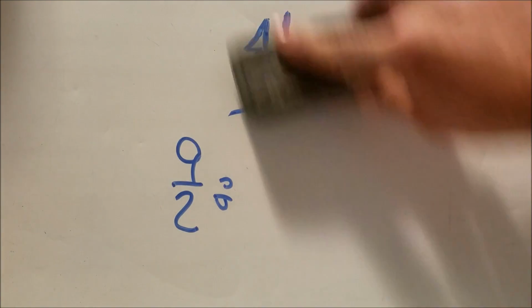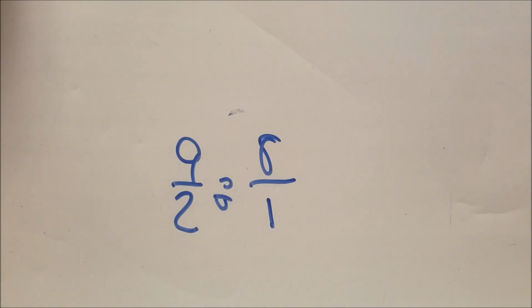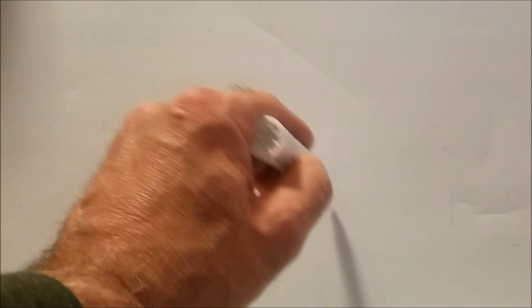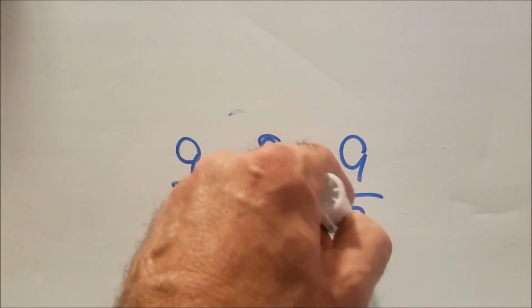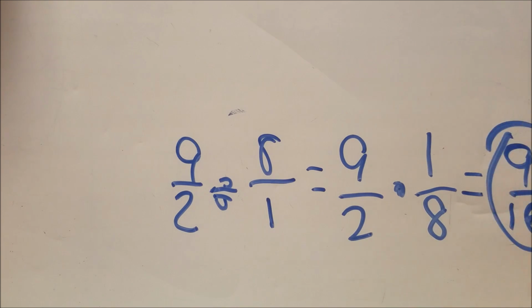It's 8/1. And we're going to change this division to multiplication. So 9/2 times, and then we do the reciprocal, we flip it. And then we just get 9/16. That is our average, 9/16.